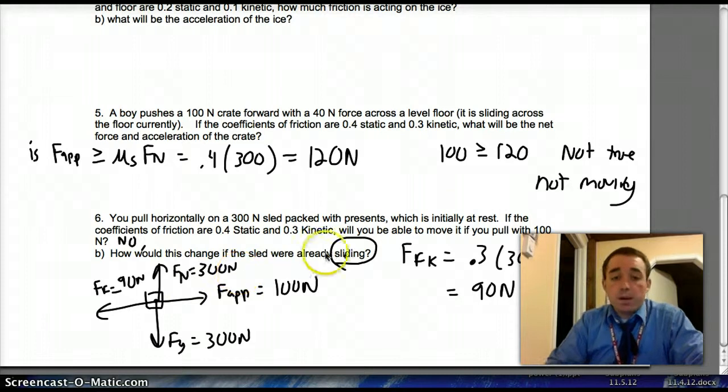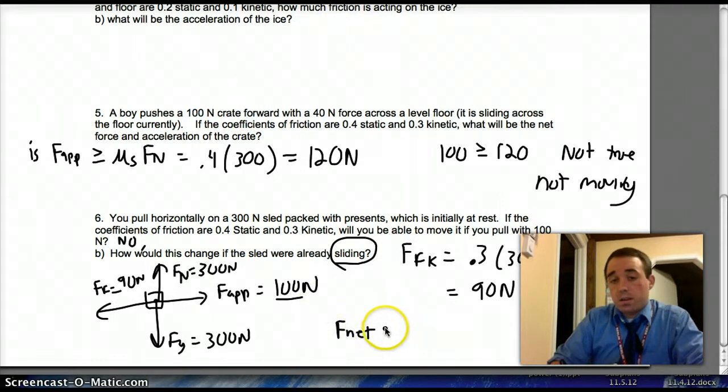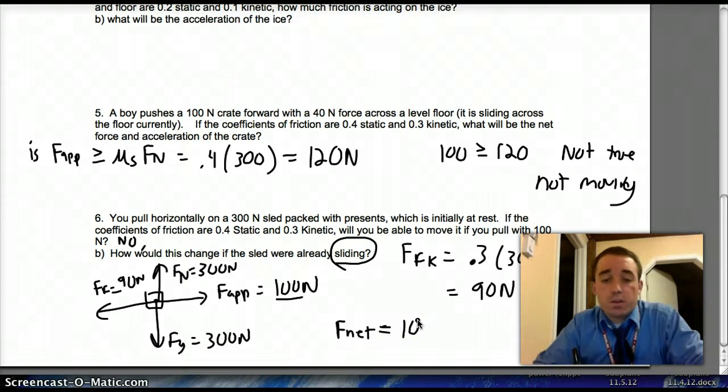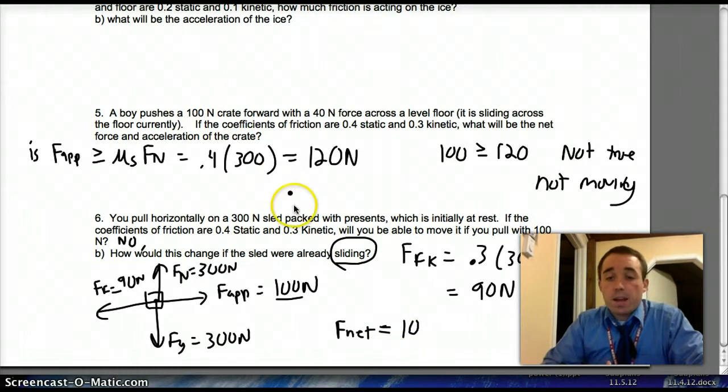So what's happening? Well, if the sled were already sliding and I was pulling with 100, I'm actually still speeding up because my net force is not in the same direction as friction. My net force, in this case, and this isn't part of the question, I'm just doing a little extra, is 10 newtons to the right, just like in the previous problem.